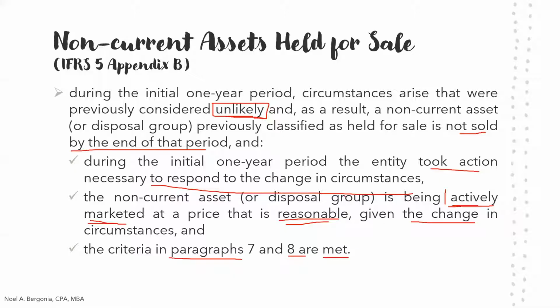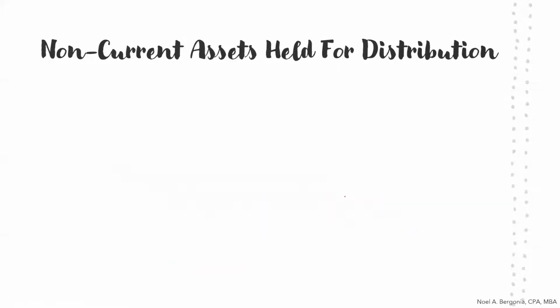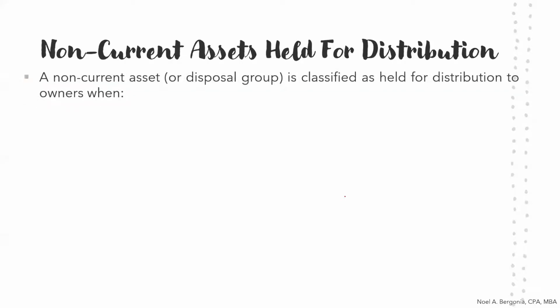Later we will go back to that, because our next topic, which is also under IFRS number 5, is non-current assets held for distribution. So why held for distribution? A non-current asset or disposal group is classified as held for distribution to owners. Earlier it was sale to a buyer; this one is distribution to the owner.